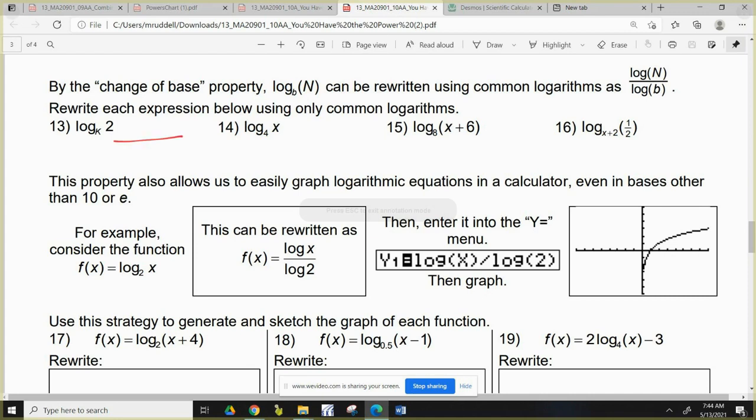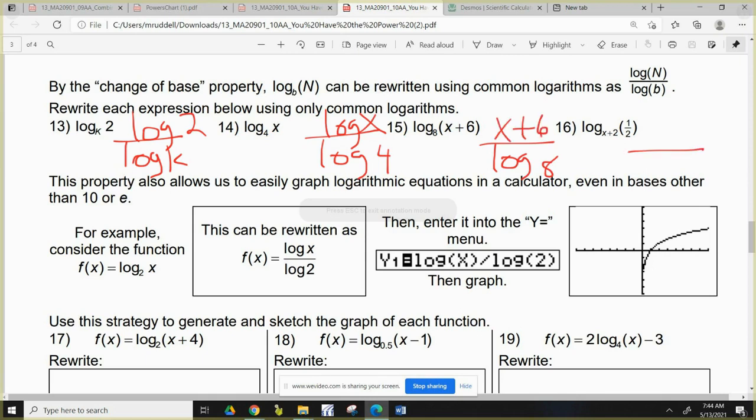So remember, the base goes on the bottom. Oops. It should be log x plus 6, and it should be log 1/2.